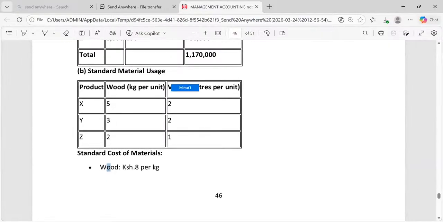You can see here in B, they have given us the standard usage for each type of raw material, for wood and for varnish. So I can see it is 532. Varnish is 221. I hope you'll be able to remember that. 532, 221 usage. Perfect.